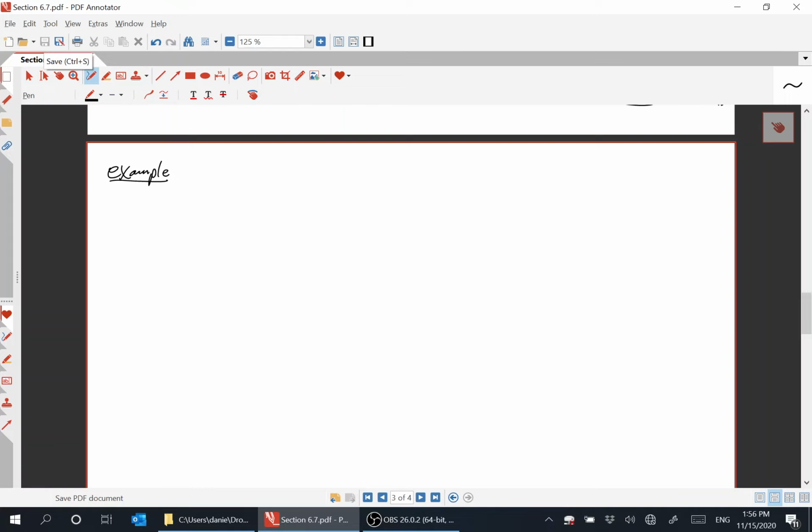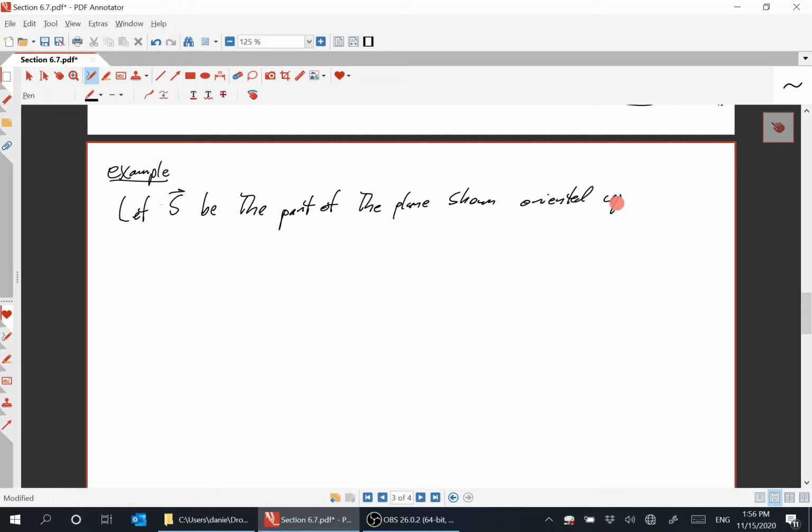So let's take S to be the part of the plane shown, oriented upwards. So here's x, y, z.